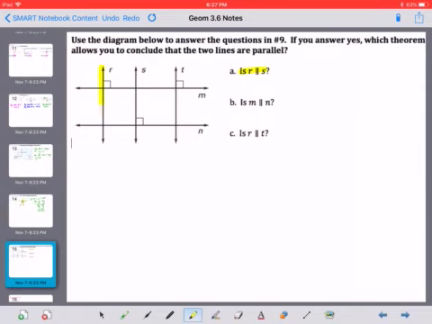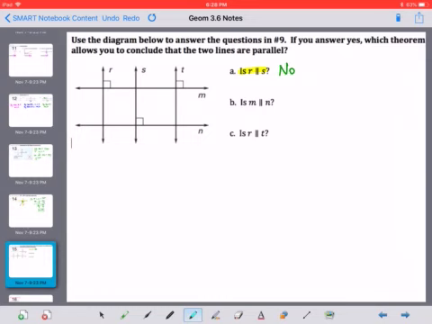So if we look at R and S, we would have to have those two lines perpendicular to the same line. And they're actually perpendicular to different lines. R is perpendicular to M, S is perpendicular to N. So since they're not perpendicular to the same line, we can't conclude if they're parallel or not. So there's no way of us knowing that.